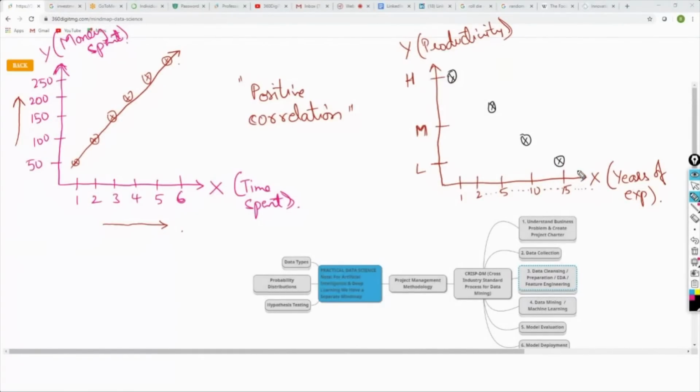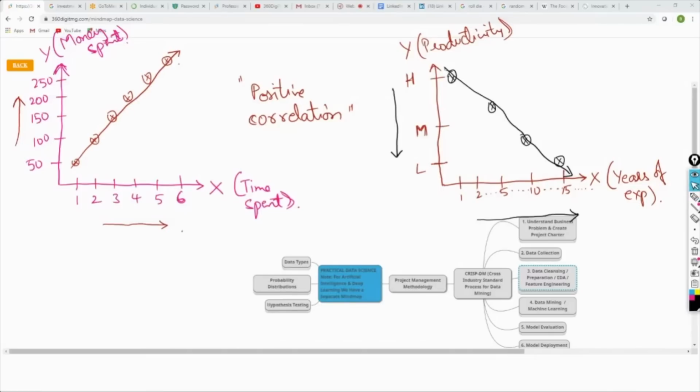You become a vice president, you're given a separate cabin to sit, a separate room for you, wherein you can sit and watch Netflix movies, a lot of videos on YouTube. So your productivity further drops. Assume, I'm just giving a jovial explanation here. So if you see a correlation like this, that is, as and how your years of experience increase, if your productivity decreases, then what kind of correlation is this called as?